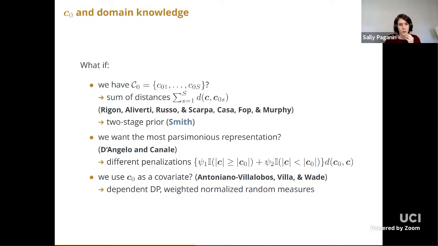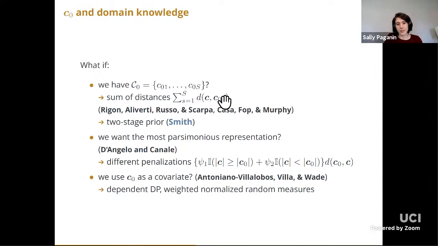One idea is to use a two-stage prior, as Adam suggested, while another potential idea is to account for more than one prior guess, considering the sum of distances. This came up in the discussion from Rigon et al. and Hasse et al.